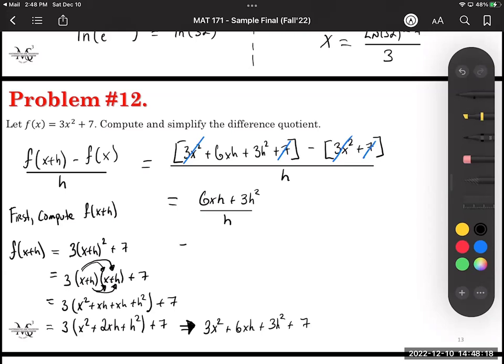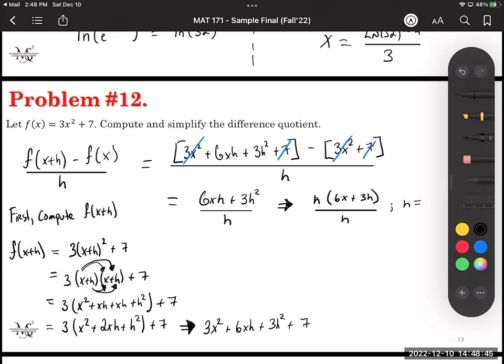All right, so if you look at your numerator, the only terms that should be remaining are terms that involve an h. This allows me to factor the h out. So if I do, this will be 6x plus 3h inside the parentheses, all divided by h.